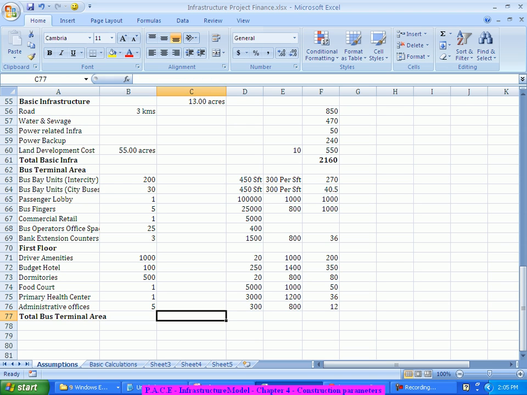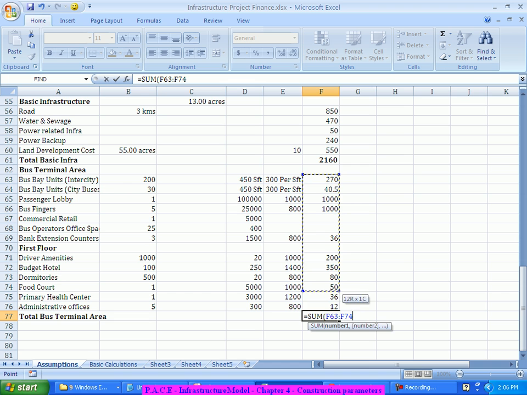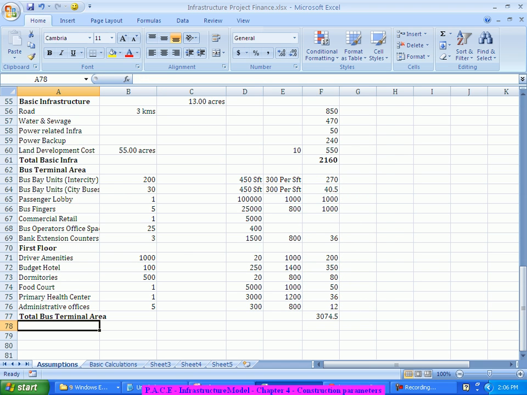Bus terminal area cost is coming out to the sum of all these things. So it's costing me almost 30 crores. 30.74 crores is what it is costing me exclusively for the bus terminal area.